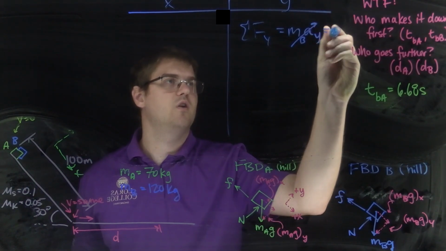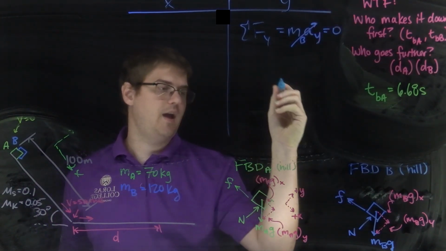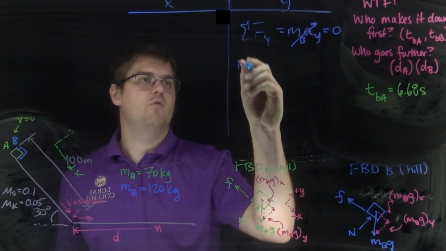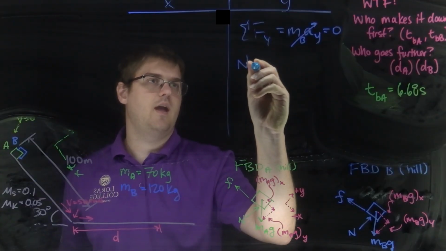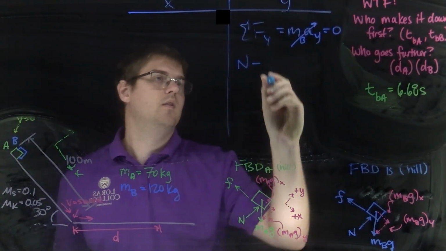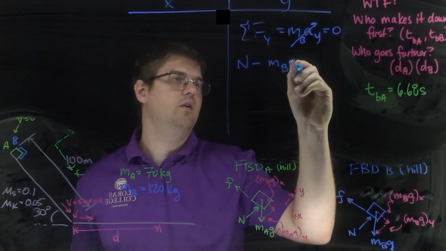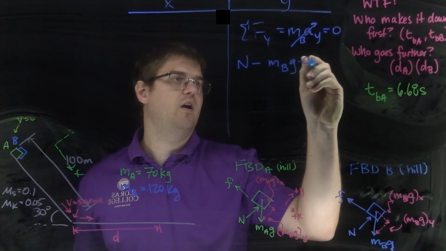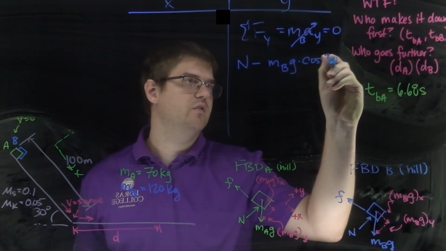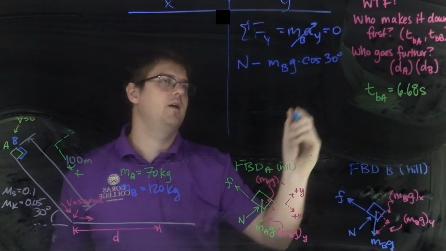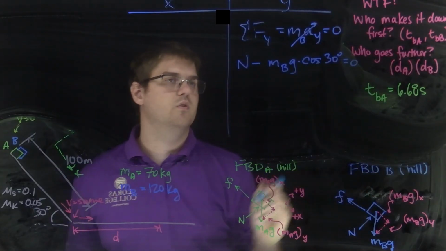So this is equal to 0. My forces, I have a normal force up, and I have a minus mass B times gravity times the cosine of my 30 degrees. It's still the same hill, it's still the same angle, equal to 0.